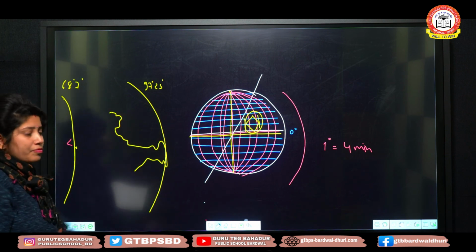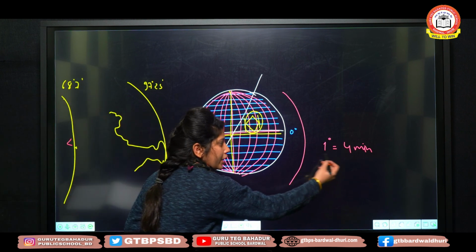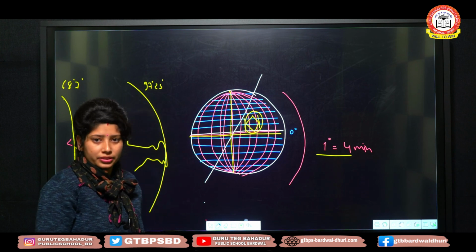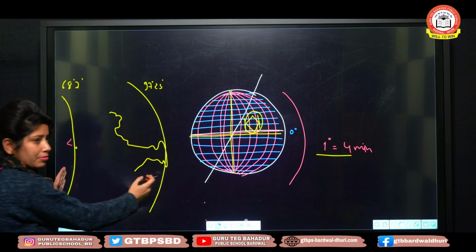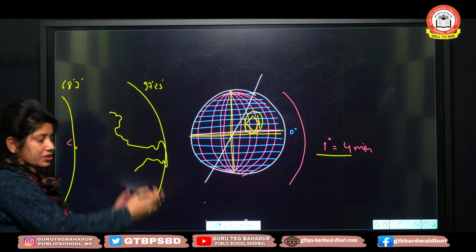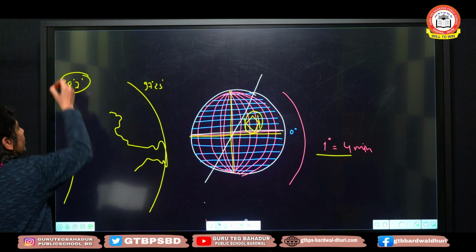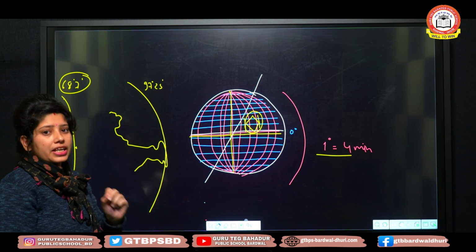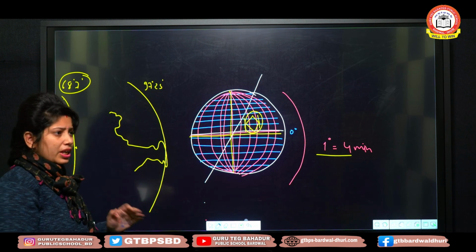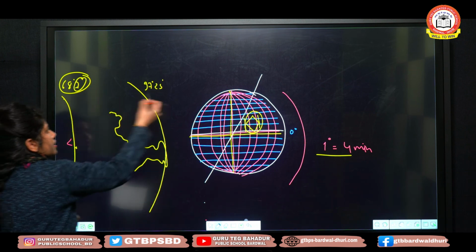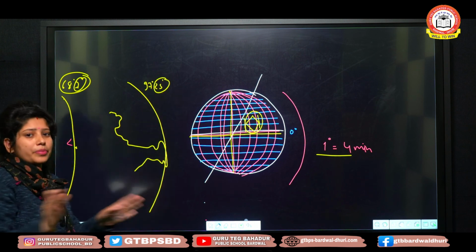Okay, we have already discussed that 1 degree equals 4 minutes. We have two time zones between which our country exists. Okay, so first calculate what will be the time at 68 degrees 7 minutes. Just avoid the minutes; roughly we are calculating the difference between the times.